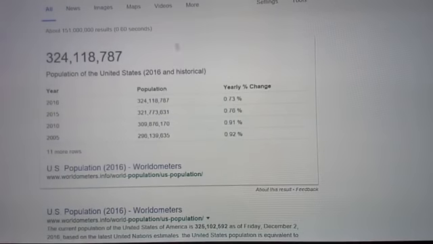And on the whole, the population of the U.S., again, is supposed to be 340, 350.